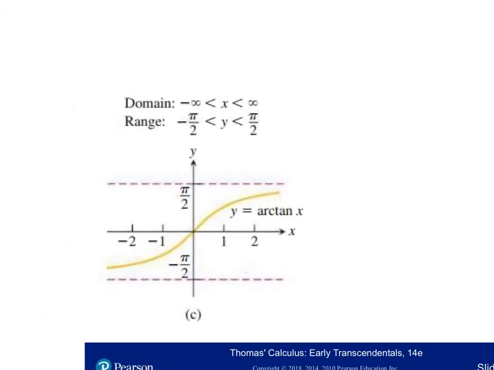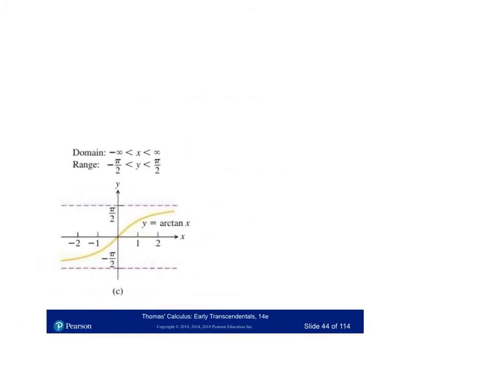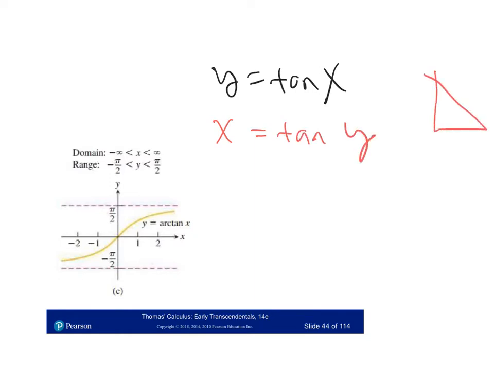Arc tangent. This time I'm not going to do as many steps. Y equals arc tangent of x. The inverse means switch the x and the y around. Draw the triangle that represents this situation.